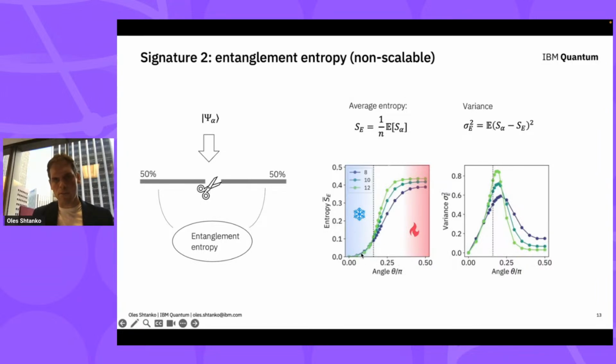It's not very visible here, but it's going down. While if you have a larger parameter theta, it goes up, and it eventually saturates at a value called the Page limit, which is the maximum entanglement entropy that the system can have. This also gives us the assumption that where the crossing is, here lies the phase transition.